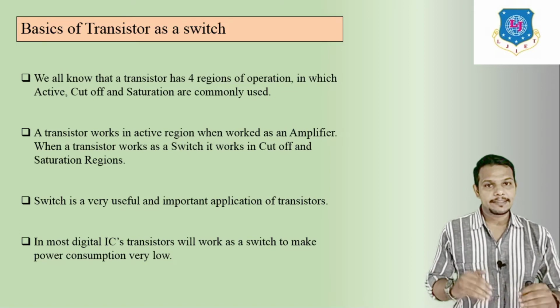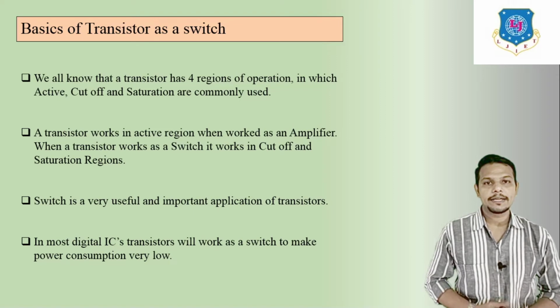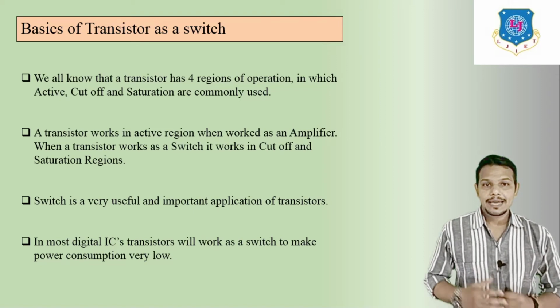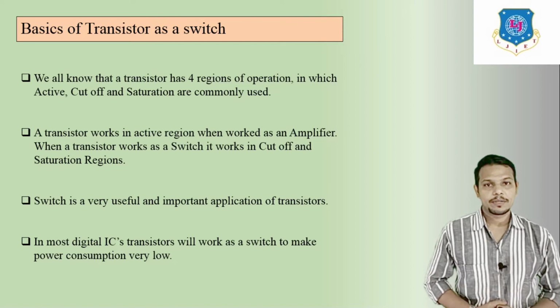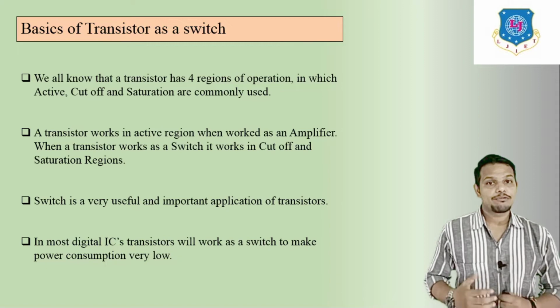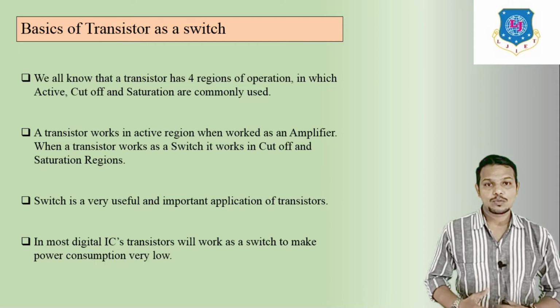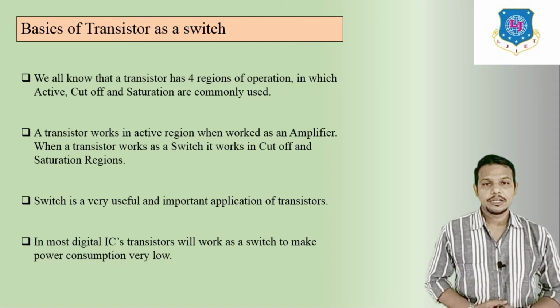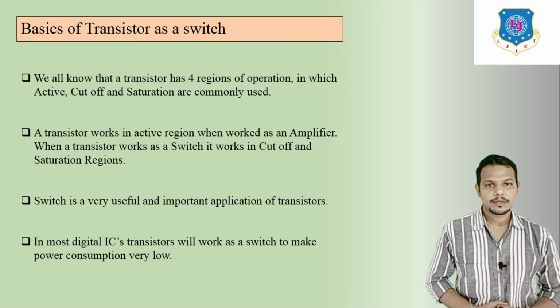But here in this chapter we are discussing only the active forward region. A transistor works in the active region, specifically the active forward region, when it works as an amplifier. When it works as a switch, it should be in the cutoff and saturation regions.